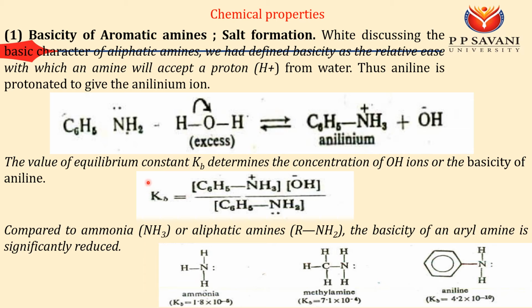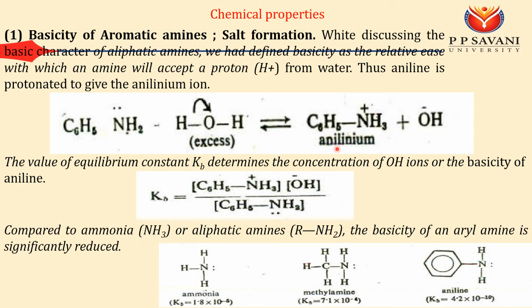If I want to calculate the equilibrium constant Kb, the method is simple: concentration of products upon concentration of reactants. Water is in excess, so we consider it a constant.